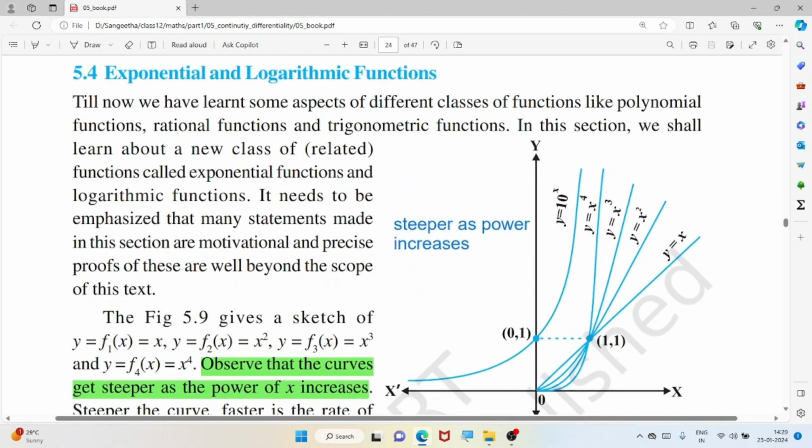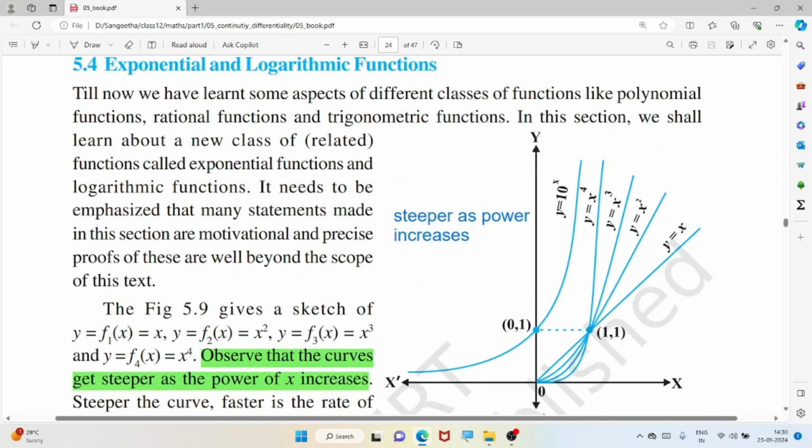Exponential and logarithmic functions. If you plot the curve for this function, as the power of x increases, the curve becomes steeper. You will see this is steeper than this, and this is steeper than this.